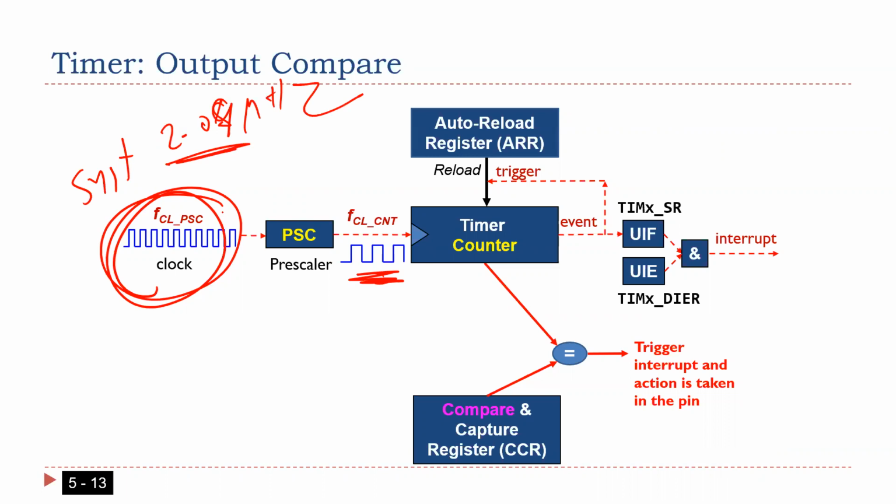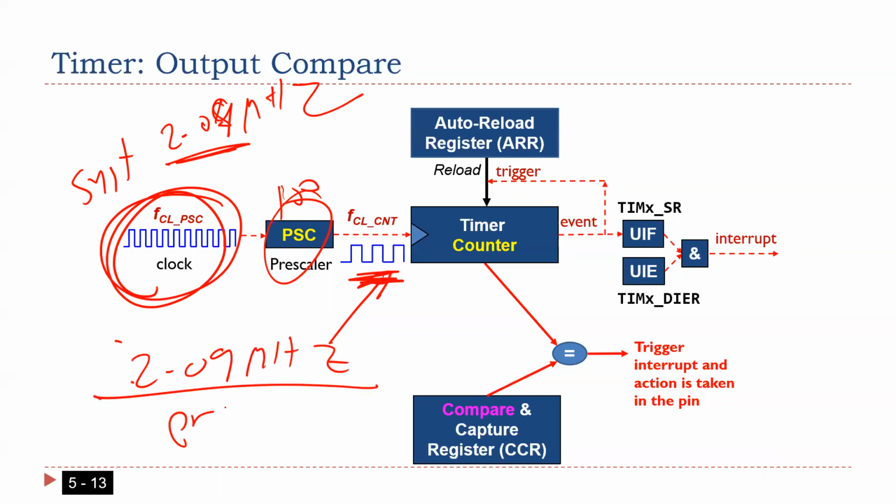Then I'm going to divide it by some value. We call it prescale. For example, if I make the prescale 100, you are going to divide by it, and this will be the clock. The prescale again is just a register, and this is a part of the initialization. So the input clock here is 2.08 megahertz, and you are going to divide it by a certain value. We call it prescale.